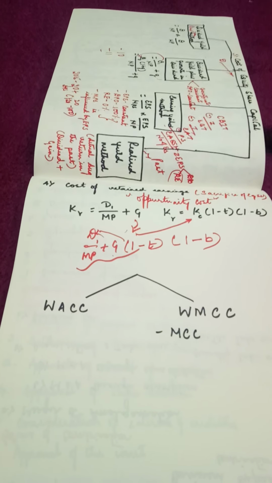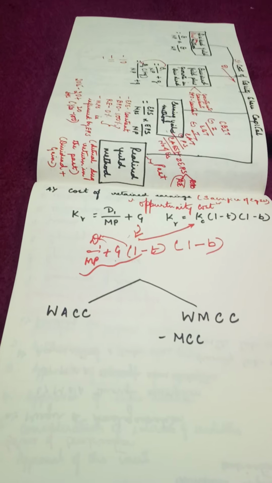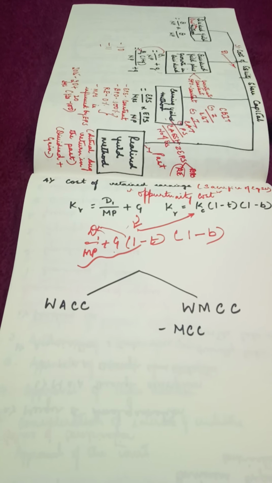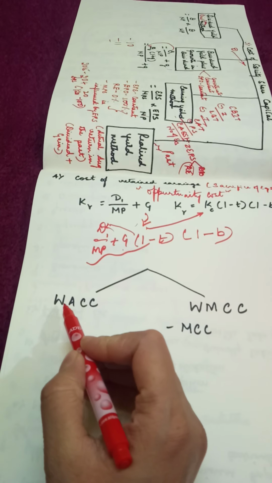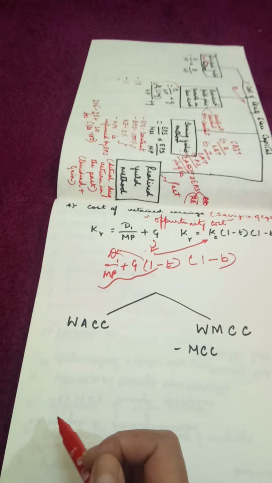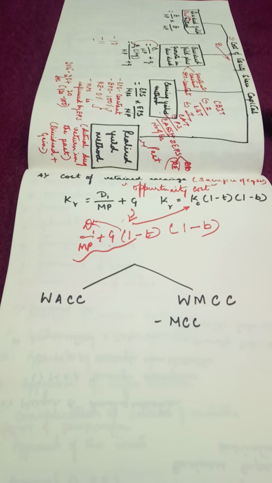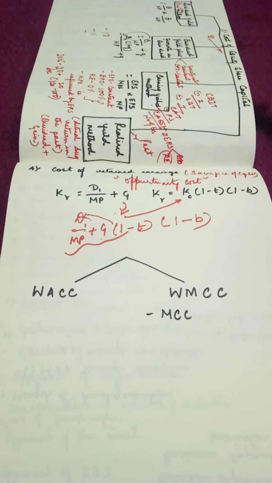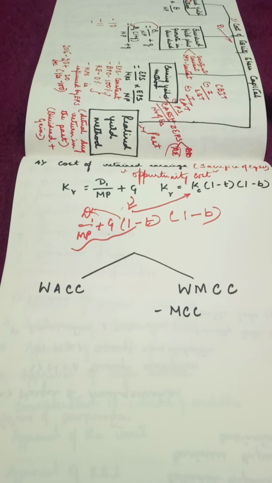The last topic in this cost of capital chapter is the calculation of WACC and calculation of WMCC using MCC. What are these terms? As you know, WACC is weighted average cost of capital. And girls, weighted average cost of capital, as I told you earlier, is the calculation of overall cost of capital.